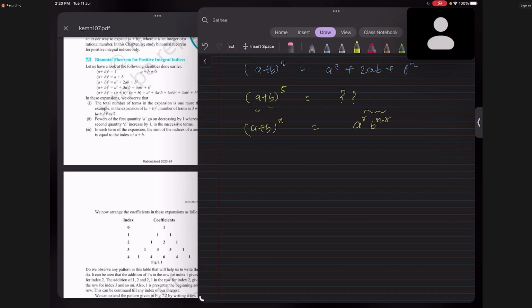And there will be some constant term c, and there will be a number of such terms, not a single term. So there will be a summation with i equal to 0 to n. This is a general formula for the expression of this binomial series. So you can say there will be a total of n plus 1 terms for any exponent n.